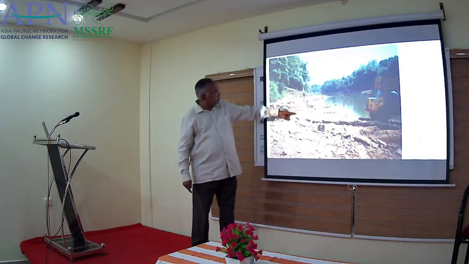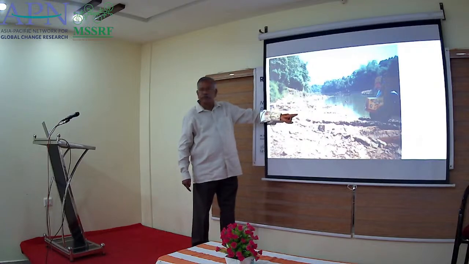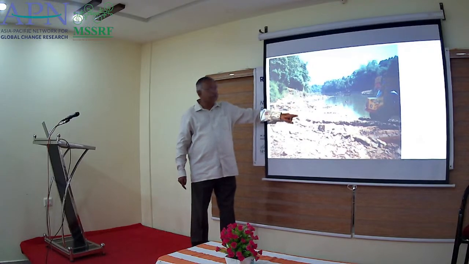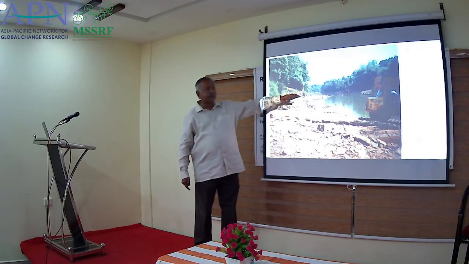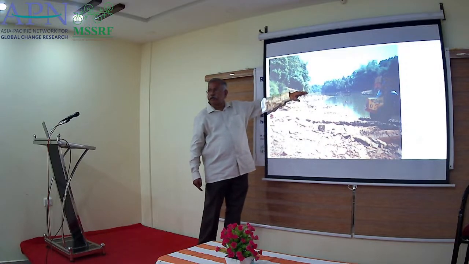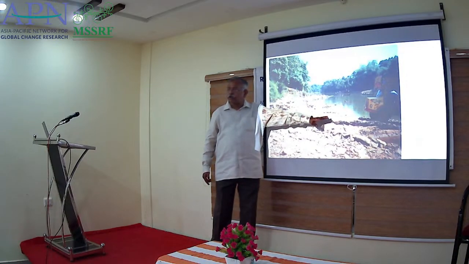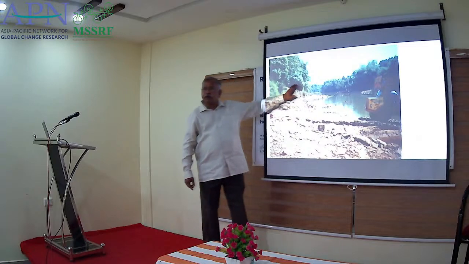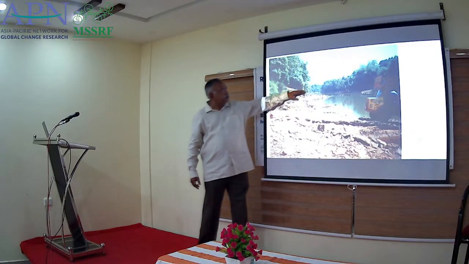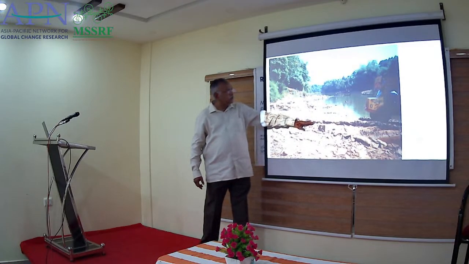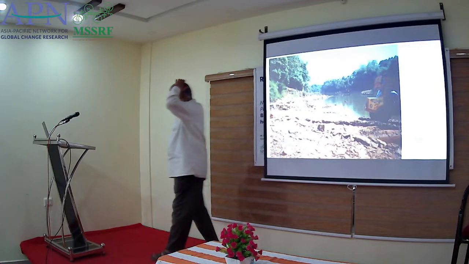And this depth is almost about 6-7 meters. So earlier, even during the summer season, the river water was up to here, and the river was flowing also. Now the river is not flowing because the entire sand is gone. This much sand has been removed from the river, and the river stopped flowing.